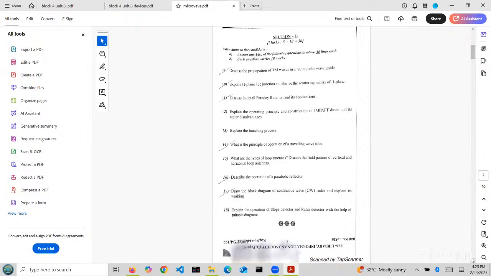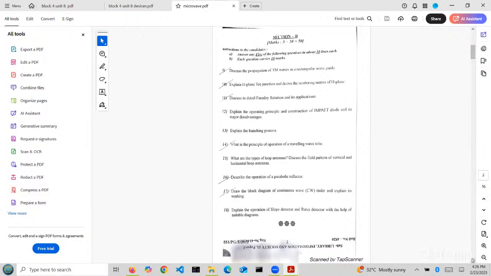What can we discuss in impact diode disadvantages? In the textbook, 2 or 3 disadvantages are given. What is the first one? Since DC power is drawn due to induced electric current, efficiency is low. The final conclusion is efficiency is low. On page number 83, why is the efficiency low? Because we are connecting a DC power supply.